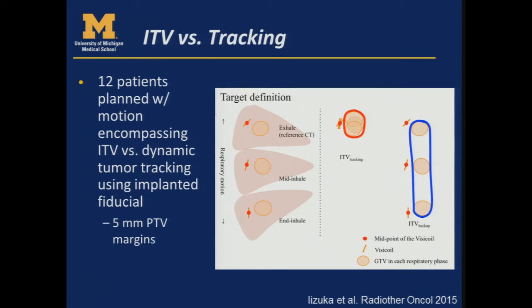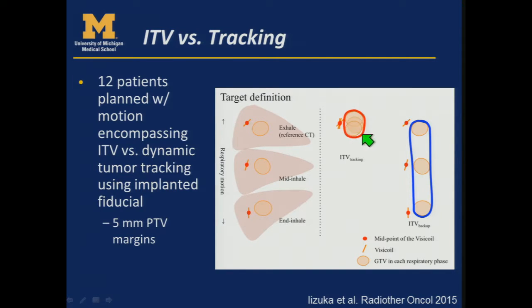Now, what about tracking? Tracking is a great way to reduce the amount of normal tissue that you're treating. You're tracking the tumor instead of treating the whole extent of tumor motion, as in an ITV technique. This is an example of target definition with an ITV approach with tracking, where you may see slight changes in hysteresis.